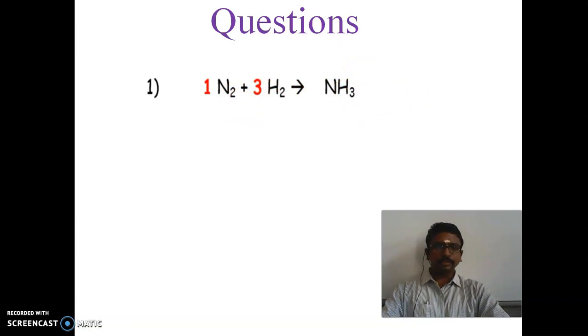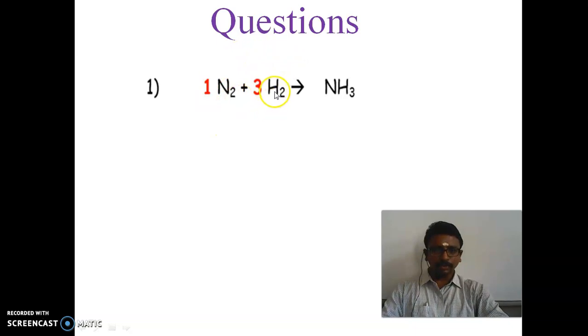The substance which undergoes chemical reaction is known as the reactant. So here N2 plus H2 are substances that will undergo the chemical reaction.